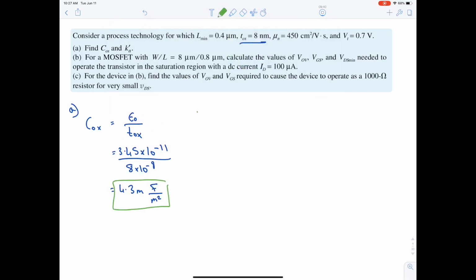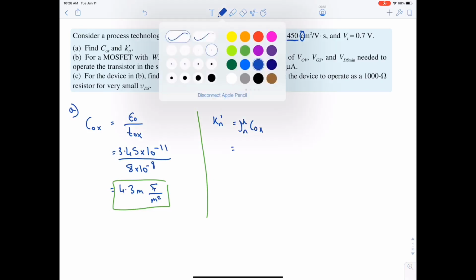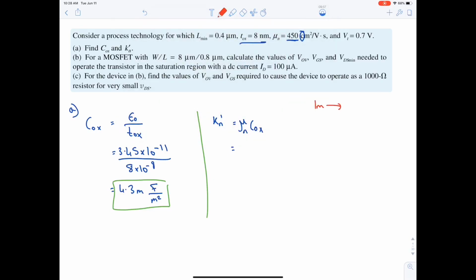Now, the other requirement is Kn prime. Kn prime is equal to mu n multiplied by COX. Now, COX is ready, but what's mu n? It's 450. But focus on the centi. We have to convert it to meter. So 1 meter is 100 centimeter. 1 meter square is 10,000 centimeters square.